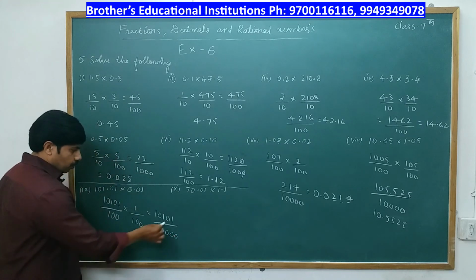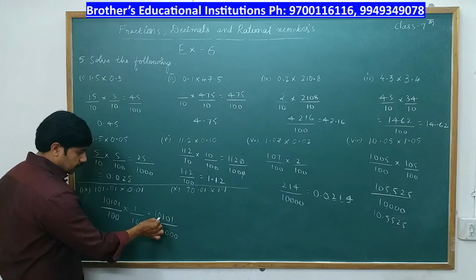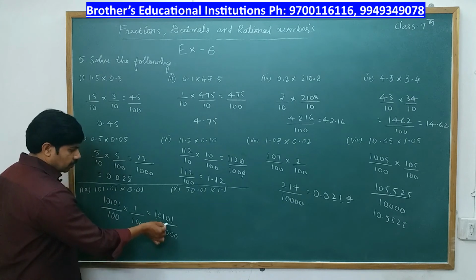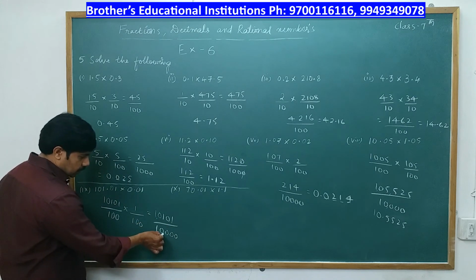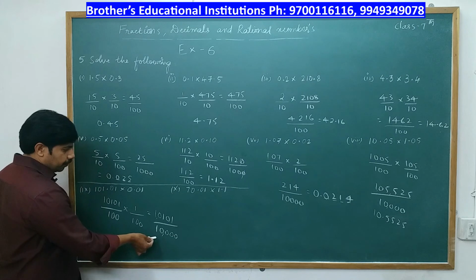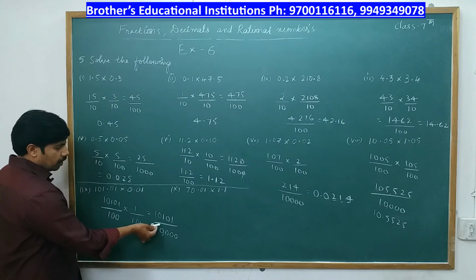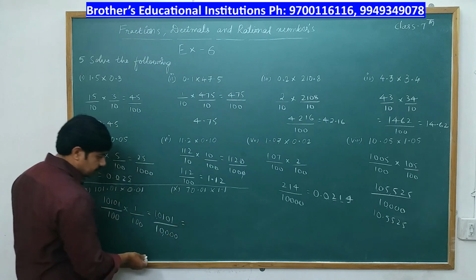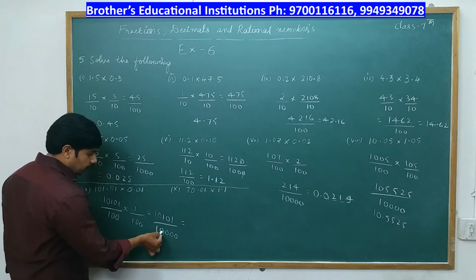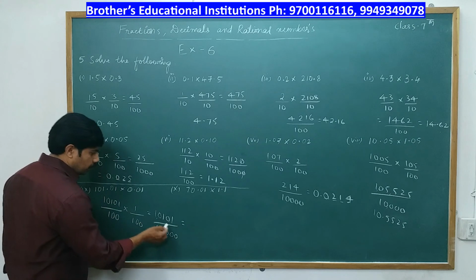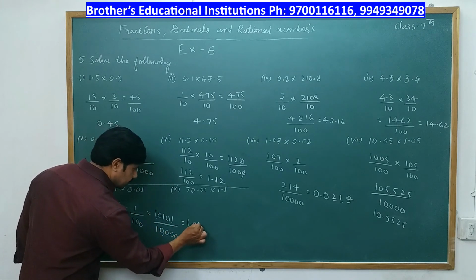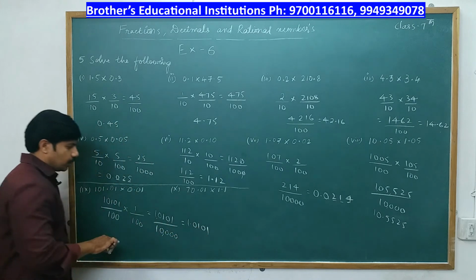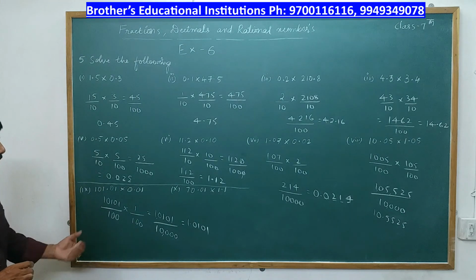So now ones, tens, 100, 1,000, 10,000. So here the denominator is smaller when we compare to the numerator. So we just shift the decimal after 1, 2, 3, 4. It will be 1.0101. 1.0101 is the answer for this.